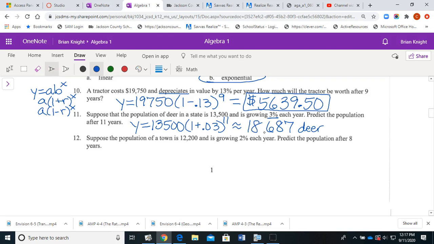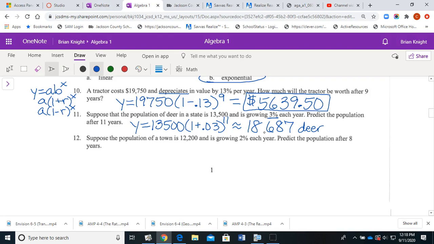What I was talking about is if you're trying to figure out how much fertilizer to buy to fertilize your yard, and you figure out you need 3.2 bags of fertilizer. Well, Lowe's isn't going to sell you 0.2 of a bag of fertilizer. You're going to have to buy 4 bags. It's a different type of question. Is that making sense? This is just asking how many deer there are. Well, there's about 18,687.